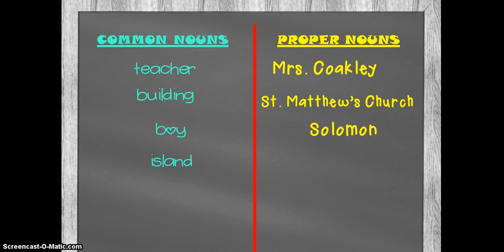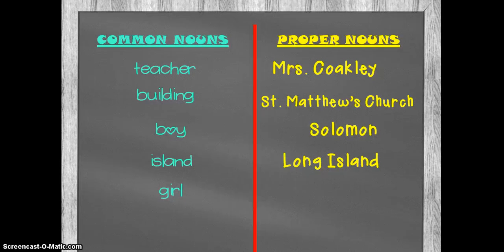Island. Do you know the Bahamas has 700 islands? So, an island is just common. But Long Island is proper because it's special, it's the particular, it's important. Girl, like grade 5 has many beautiful girls.